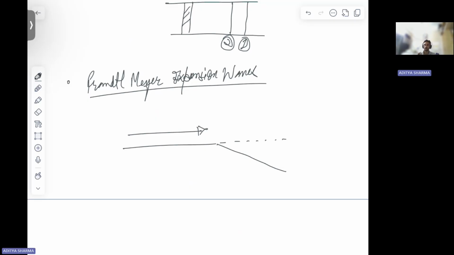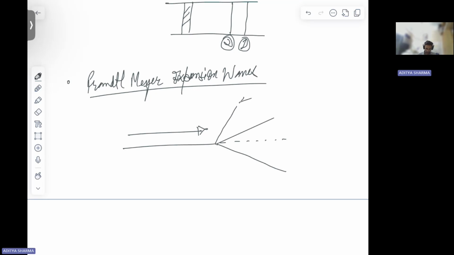If it is being diverted away from itself, then we get an expansion fan.